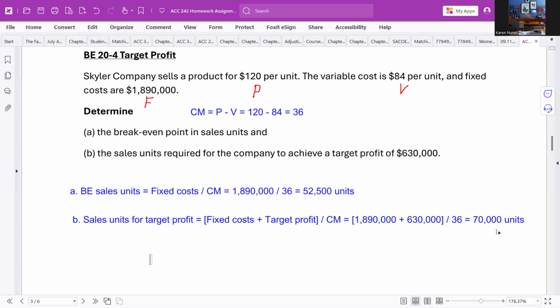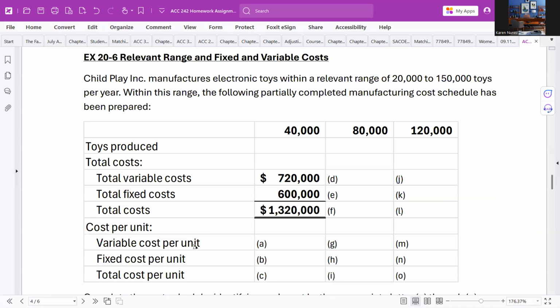Now let's switch gears a little bit and go back and talk about cost behavior in exercise 20-6. So remember from the lecture, we've introduced two basic cost behavior patterns that allow us to easily predict our costs. Those two cost behavior patterns are fixed costs and variable costs.